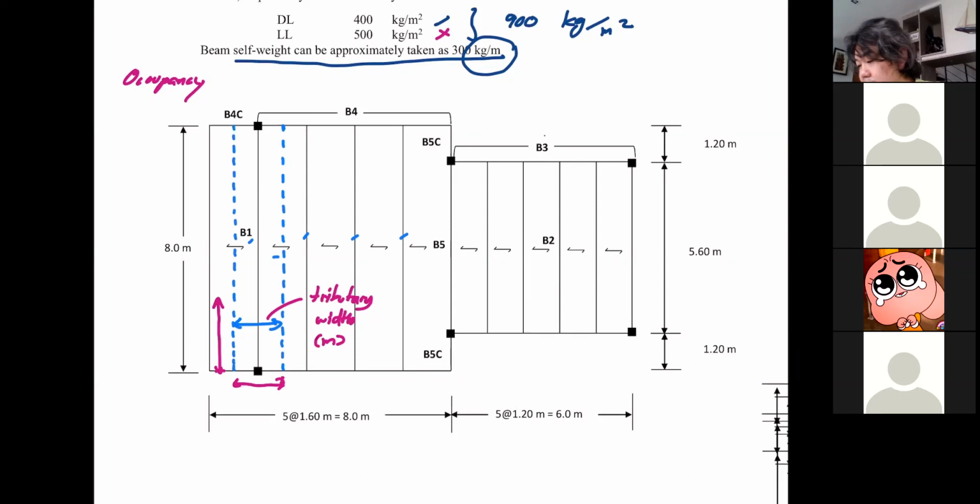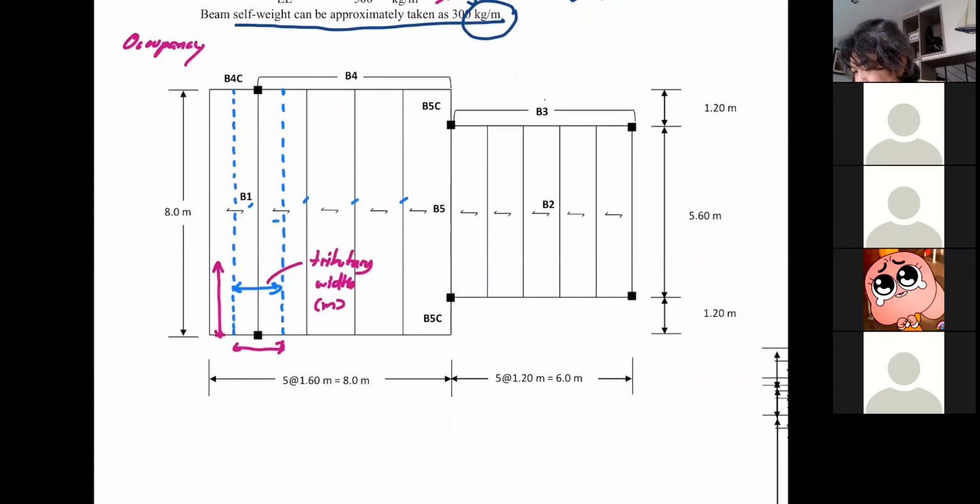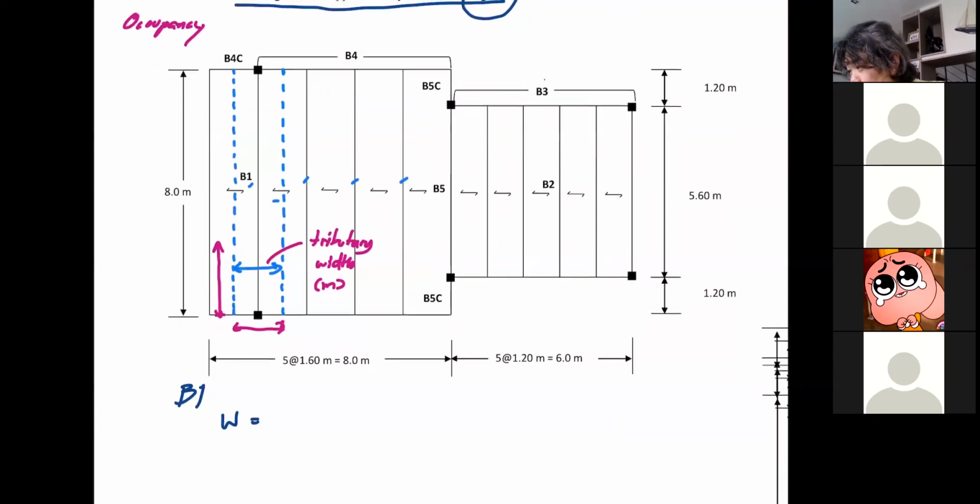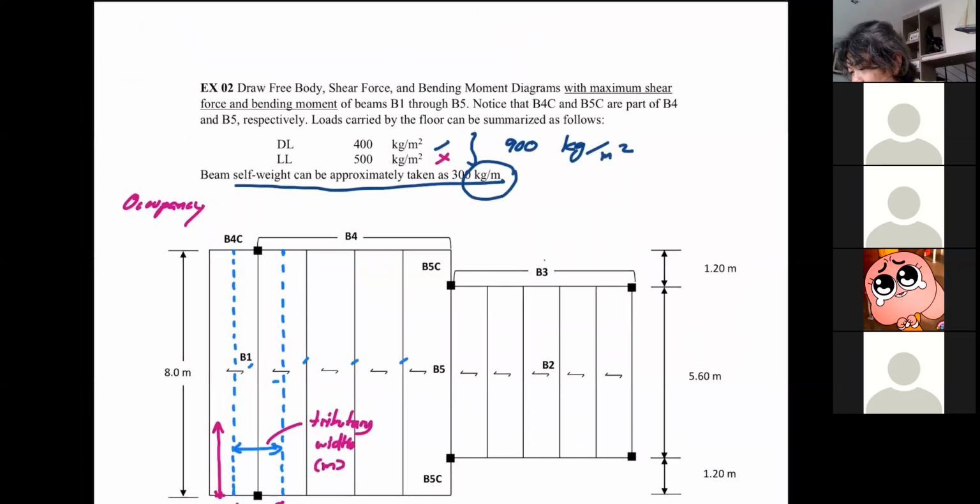We are approaching the break, so let me try to finish this load for B1 first. For B1, the uniform load is going to be equal to this 900, correct?